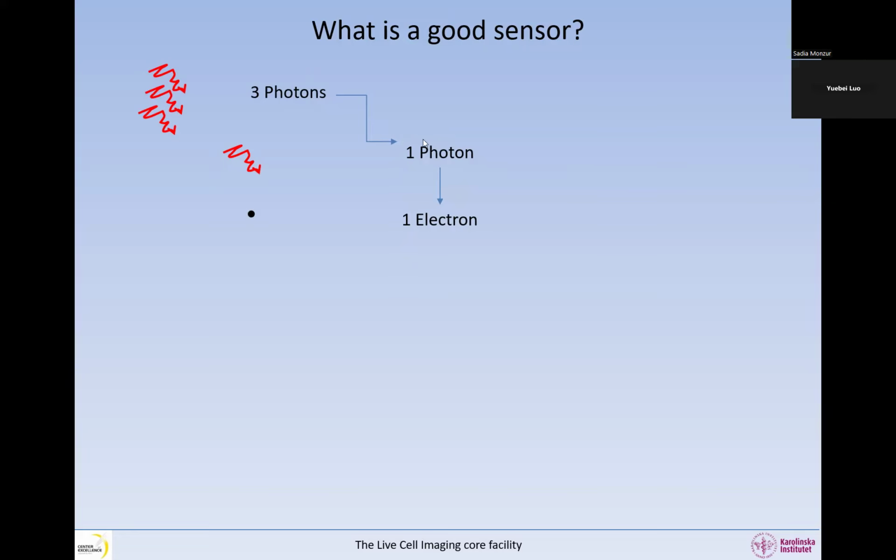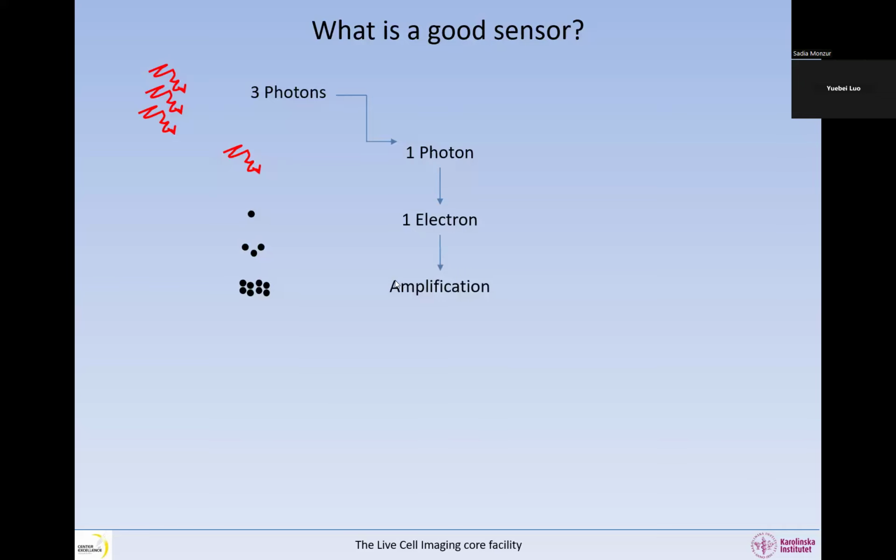And maybe it detects only 1 photon. When the sensor detects 1 photon, it's going to create a charge inside the sensor. So we can say 1 photon, 1 electron, okay? So it's a charge now. So we're transforming, if you want to say, a light information into an electrical information. And it's a 1-to-1 thing, but we do not detect everything.